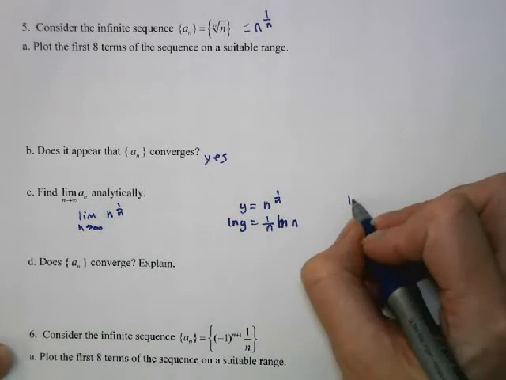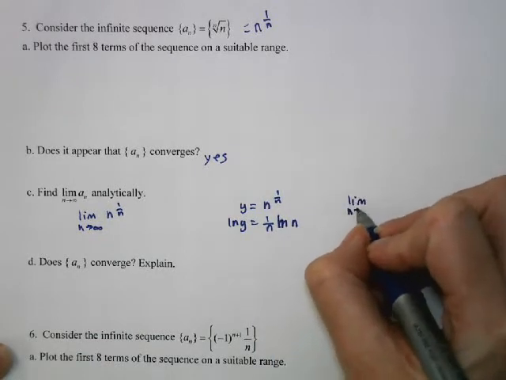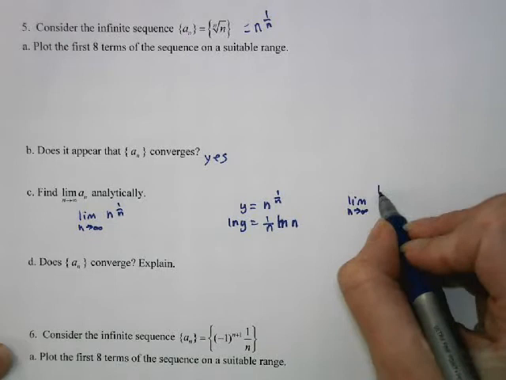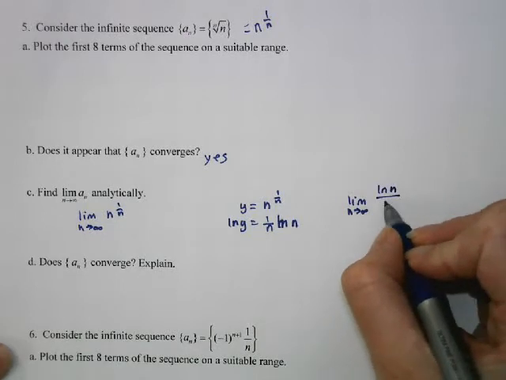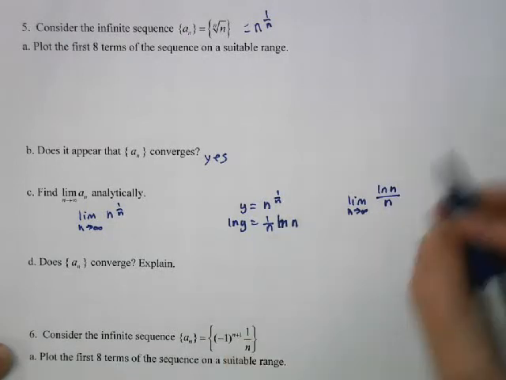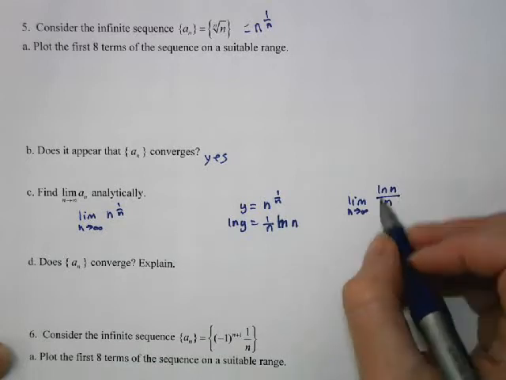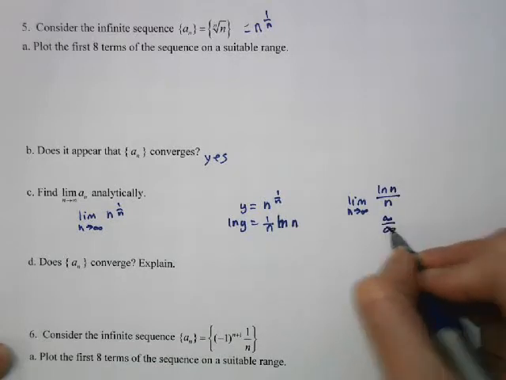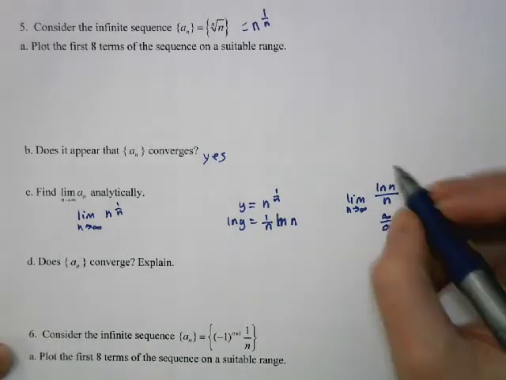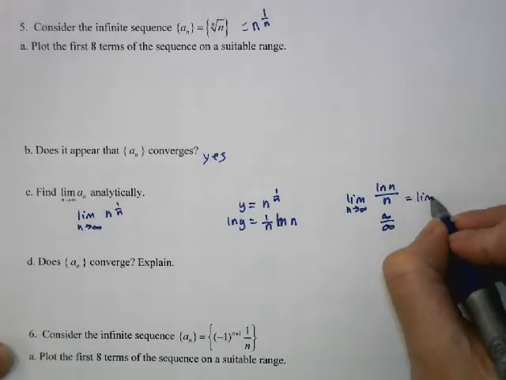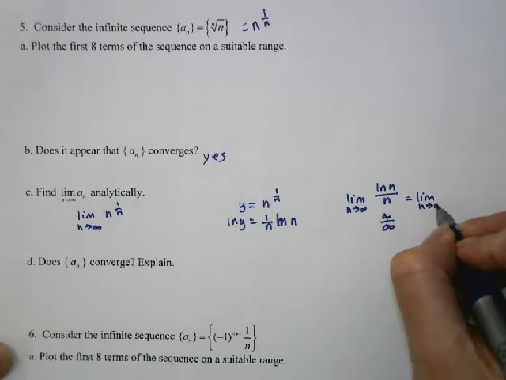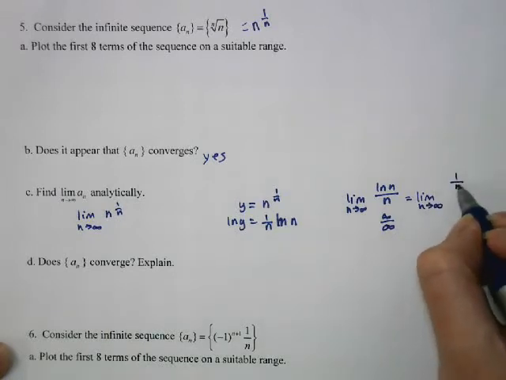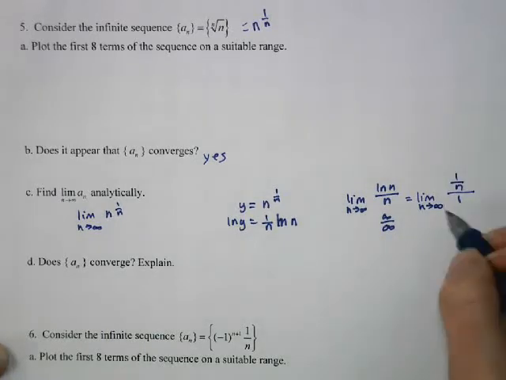So I'm going to look at this limit. So we're going to look at the limit as n goes to infinity of ln n over n when I multiply that in. Okay, well that's going to go to infinity, and that's going to go to infinity, which means we can use L'Hopital's rule. So this is going to be 1 over n over 1.